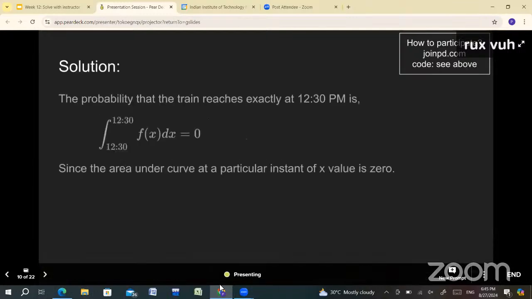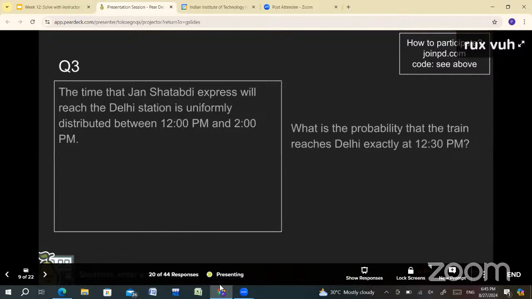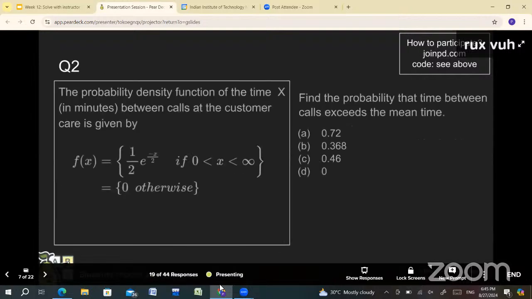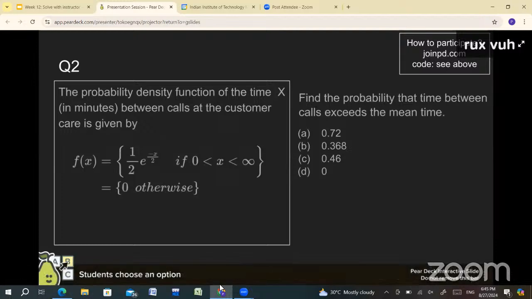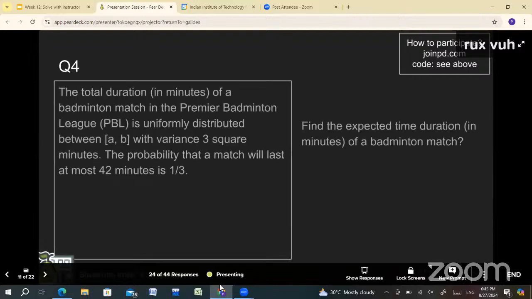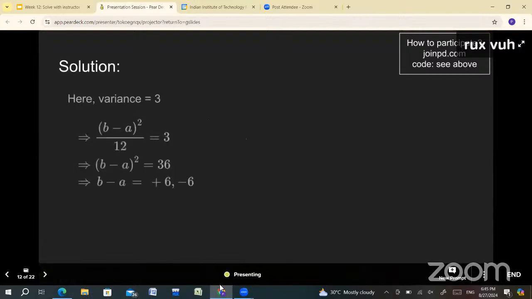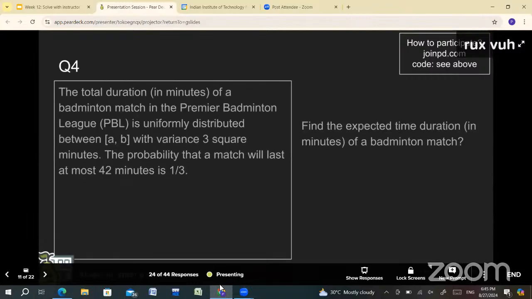No, ma'am, the fourth one. Question number 4. Ma'am, in this we use this integration. No, I have not used integration.